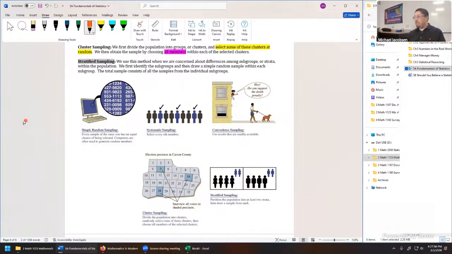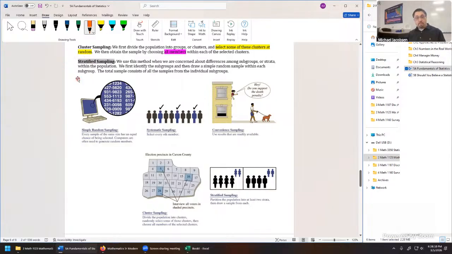But really, if 3% of the population of ISU students are PhD students, you would have preferred to have 3 PhD students, not just the 1 or potentially 0 by chance alone. So you can insist you get those 3 if you use stratified sampling.